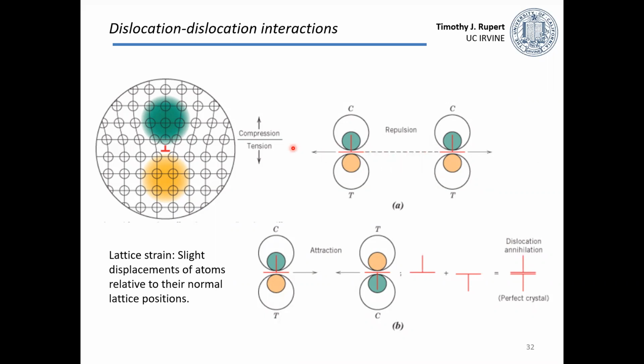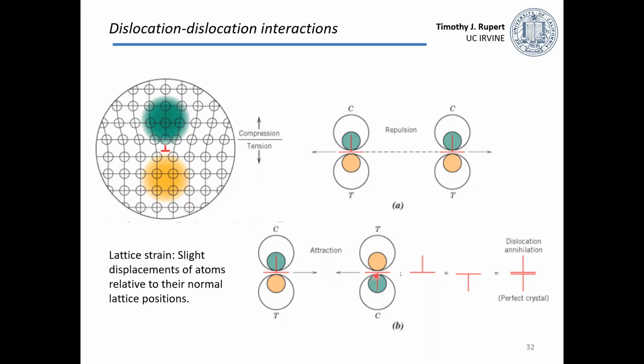Now, I can think about putting 2 dislocations near each other that are of opposite character. So I have an extra half plane going up right here, and I have an extra half plane going down on this dislocation on the right. And what that does is it flips these stress fields. So now the compressive region is on top of the dislocation on the left, and it's on the bottom of the dislocation on the right.